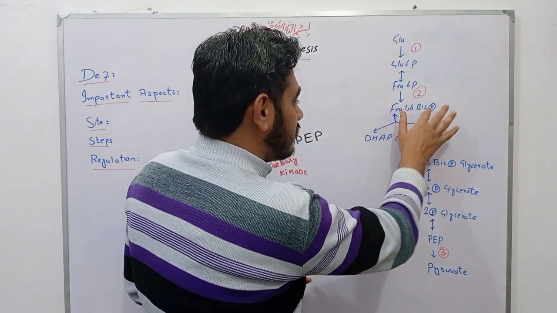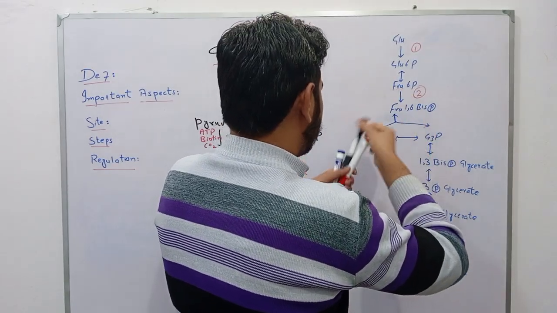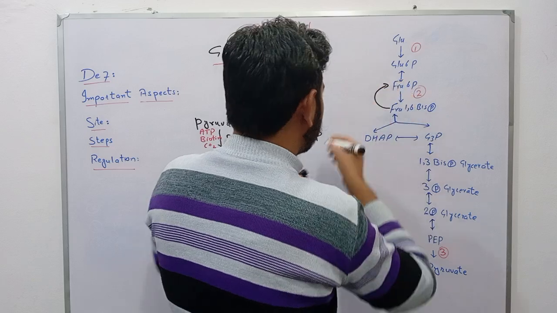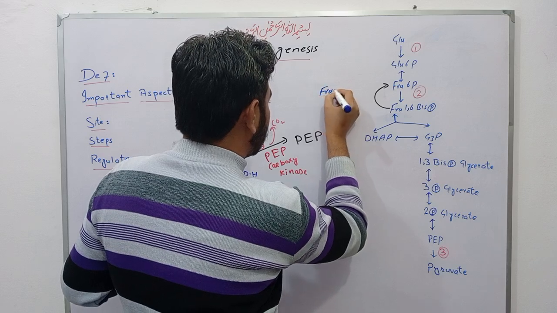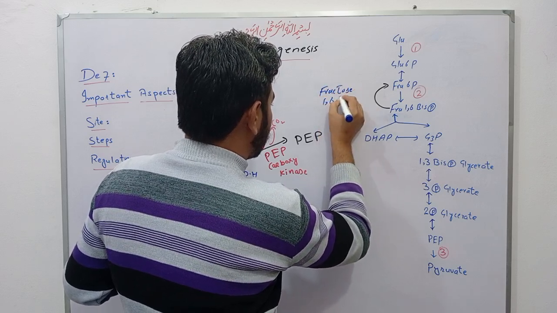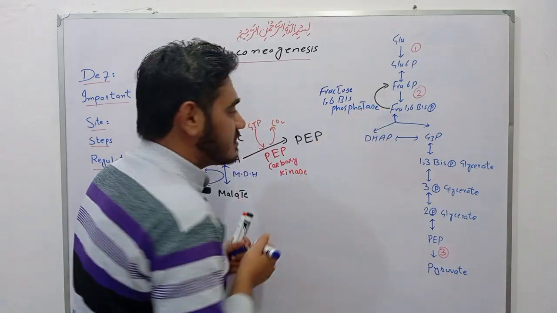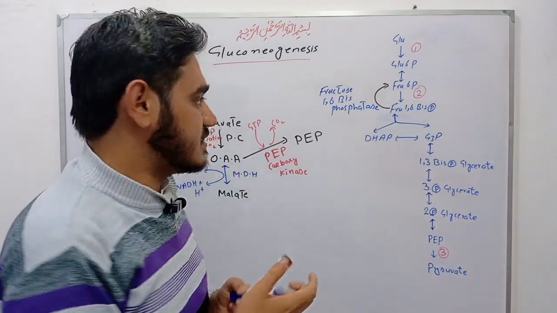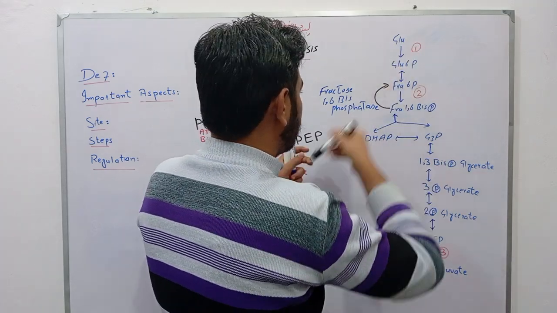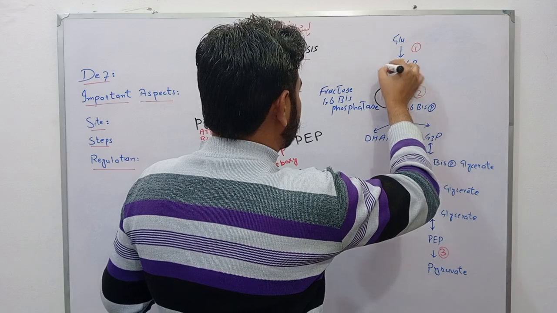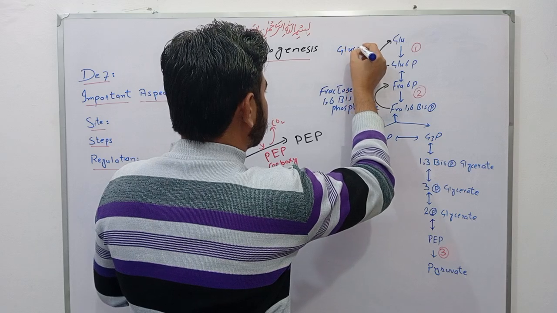Now here, this fructose 1,6 bisphosphate converts into fructose 6 phosphate with the help of fructose 1,6 bisphosphatase enzyme. Okay, this is a specialized enzyme of gluconeogenesis, and glucose 6 phosphate converts into glucose with the help of glucose 6 phosphatase.